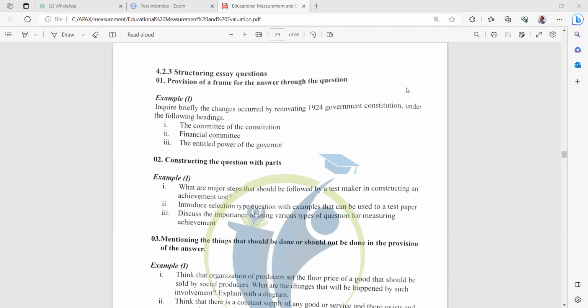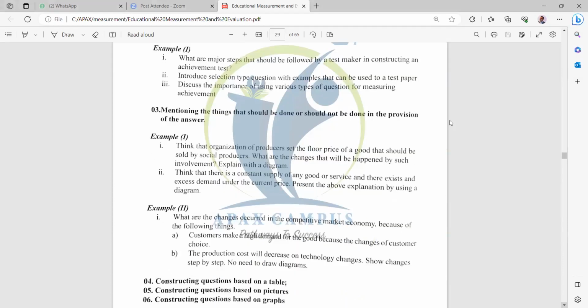Third one, mentioning the things that should be done or should not be done in the provision of the answer. Let's look at producers. Set the floor price of a good that should be sold by social producers. What are the changes that will happen? There's a problem that will happen by such involvement. Explain with a diagram. So now there should be a diagram.